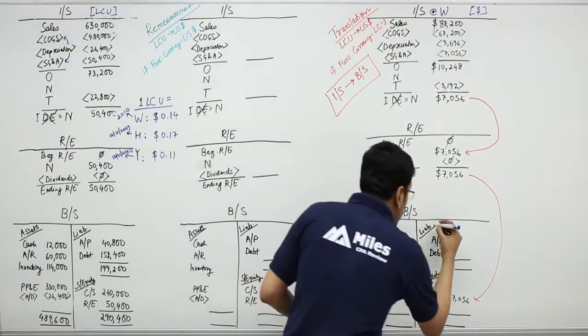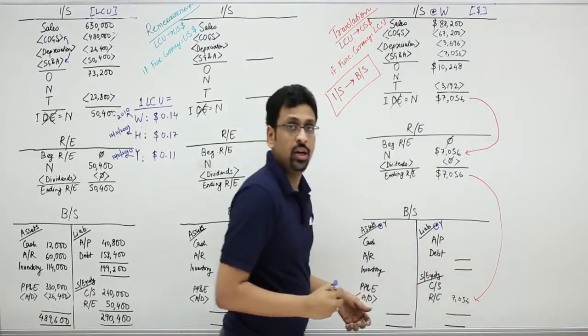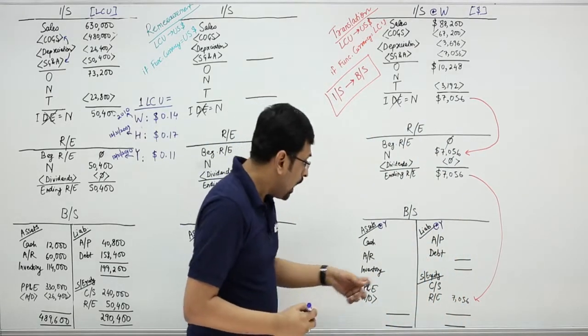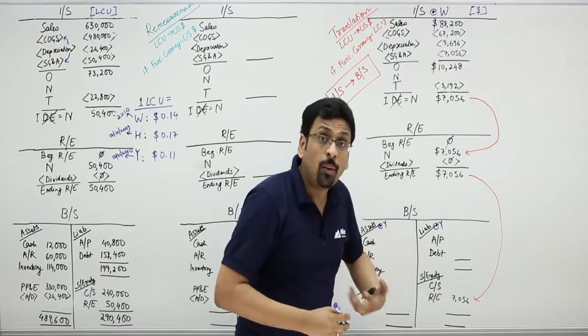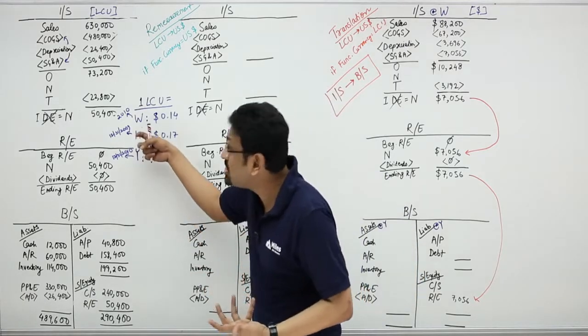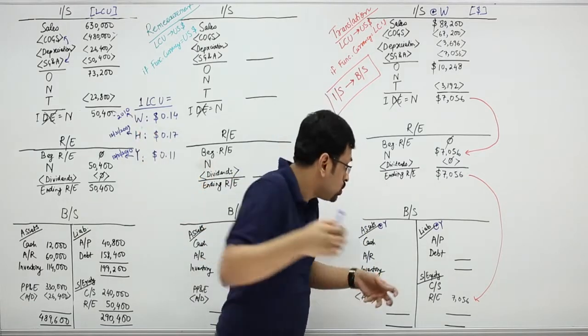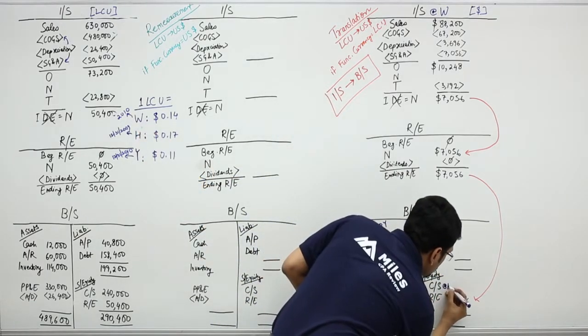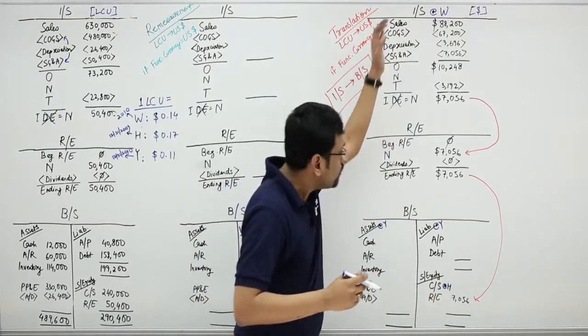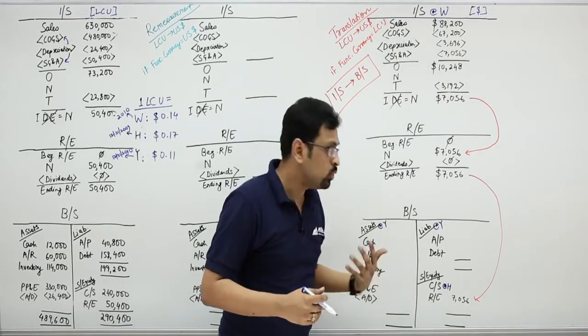For liabilities, also it's Y, the year-end rate. Under equity, for common stock, we're going to use historical rate. The common stock was issued, so that's H. Retained earnings, it flows through. So there's no rate here.